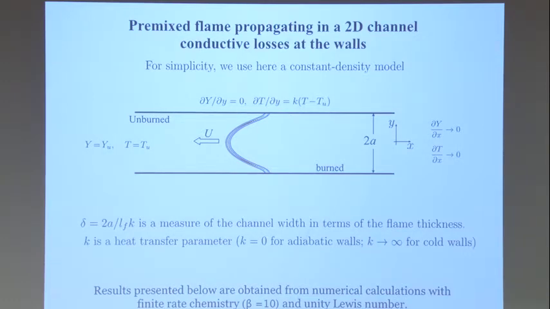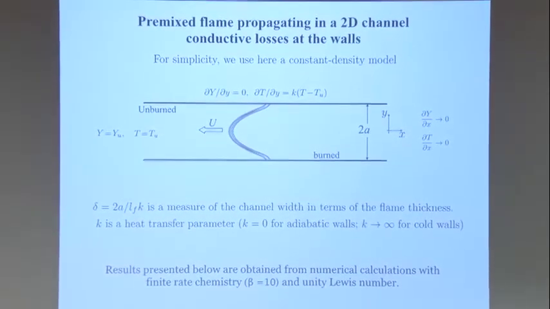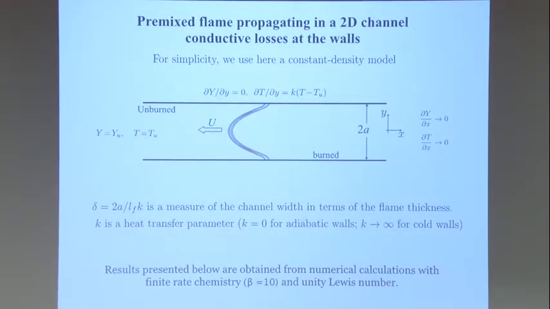Okay, I told you that fundamentally the problem is two-dimensional if I talk about a flame in a channel or a tube. So I want to show you results here of flame propagation in a two-dimensional setting, but the results really use a constant density model. In other words, we are assuming the flow is not perturbed by the flame.